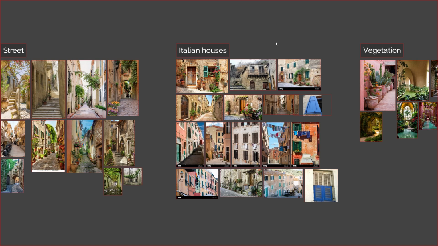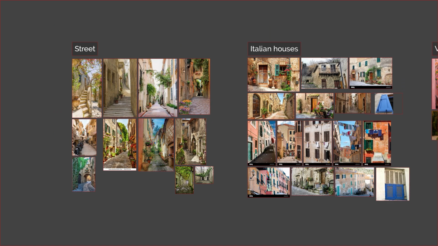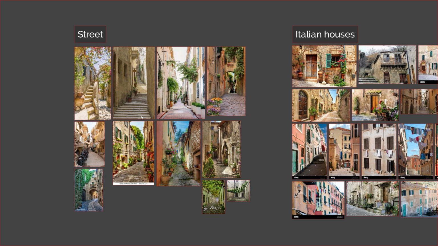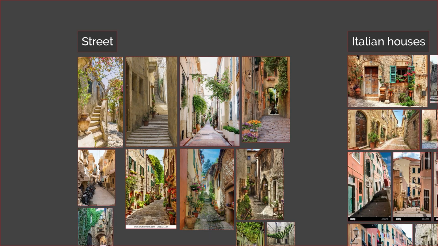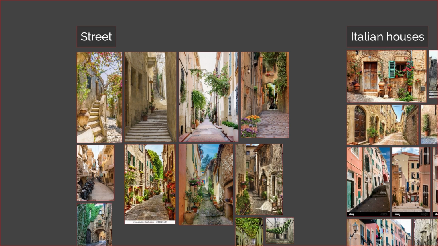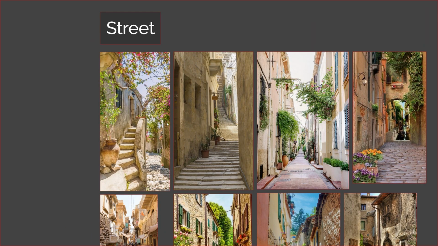So first of all, I searched for some reference images, and first and foremost I searched for general street, old street. I don't remember exactly, but ancient alley or Italian street, something like that, and I came up with some results which I liked very much.